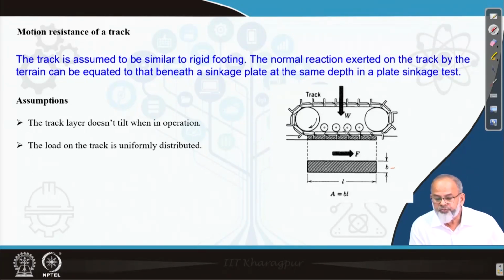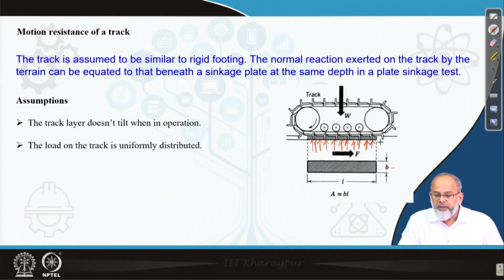So here what we have assumed is the normal reaction during the interaction process with the soil. The reaction will be exerted on the track by the terrain, and here we have assumed that the pressure is uniform throughout the contact. That is an important assumption, we can say.